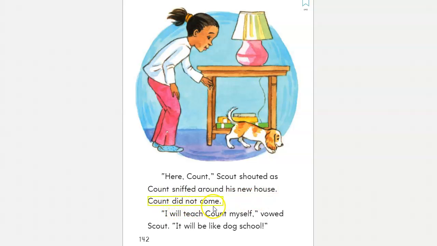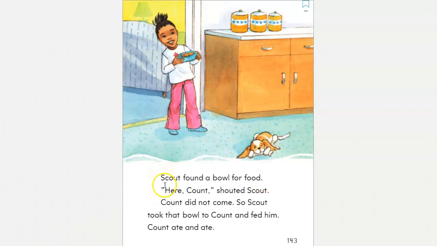Count did not come. I will teach Count myself, vowed Scout. It will be like dog school. Scout found a bowl for food.